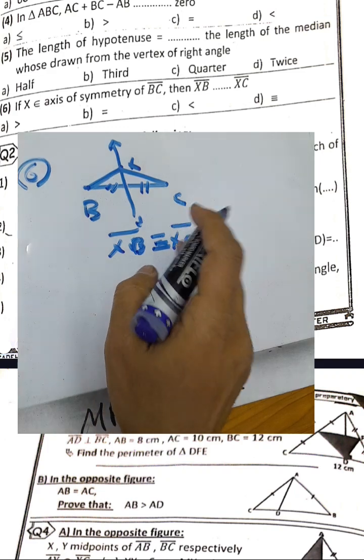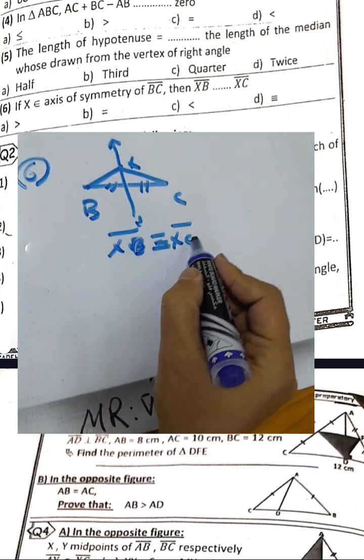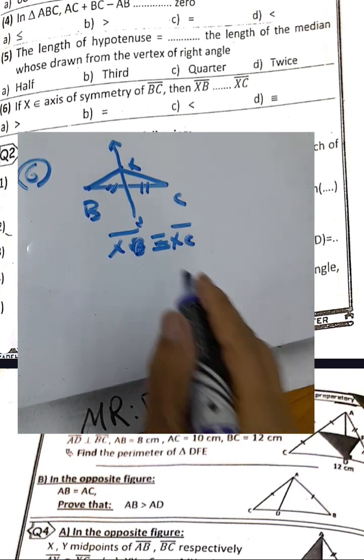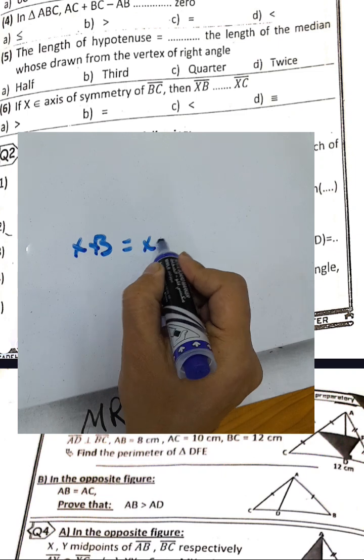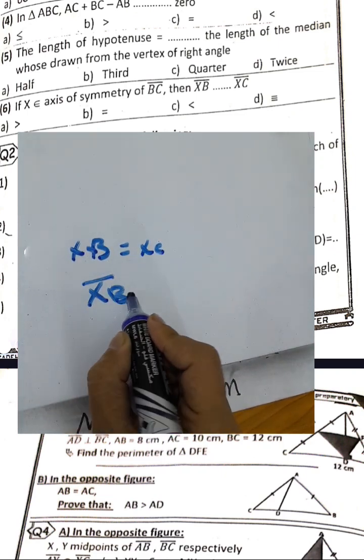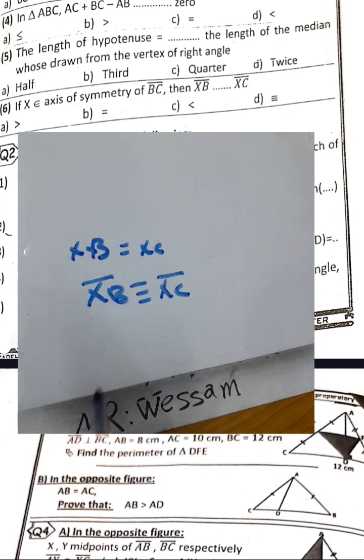Okay, choose letter D, because they give us line segment XB will be congruent to line segment XC. If you put XB without this sign, you must write equal. But if you put this line segment sign up here, you write congruent to line segment XC.